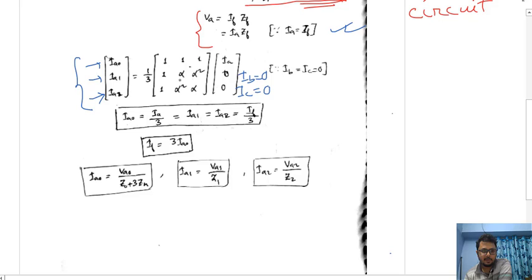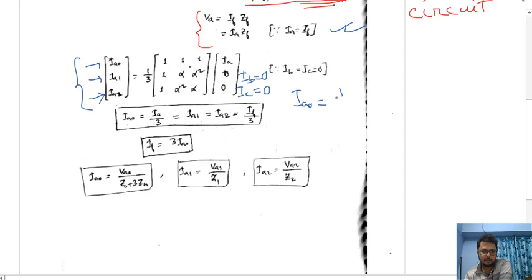From here, if I simplify the matrix, IA0 equals 1 by 3, this row into column, row into column, row into column. So IA0 equals this row into this column, and these two values are 0, so IA0 equals IA by 3. From here I hope it is clear.